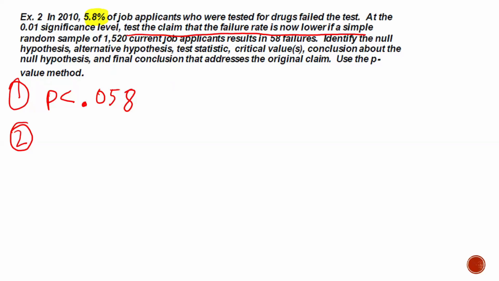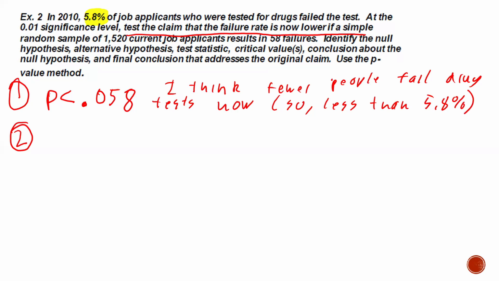You don't have to write anything in words, but if you want to think about it: I think fewer people fail drug tests now than back then, and back then it was 5.8. So roughly, I think the proportion of people who fail drug tests is less than 5.8%.